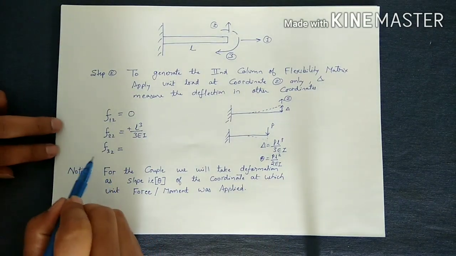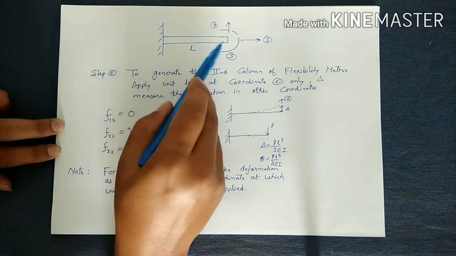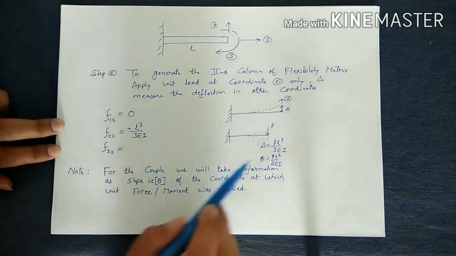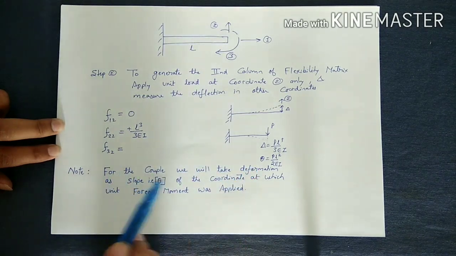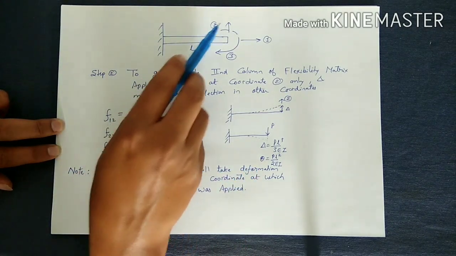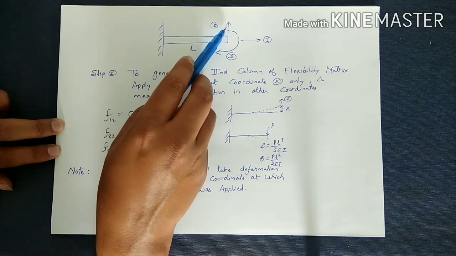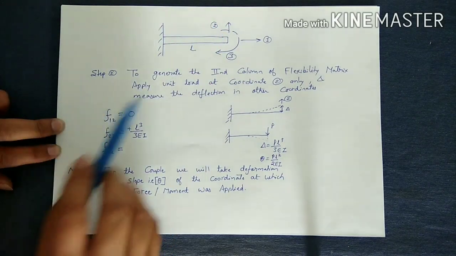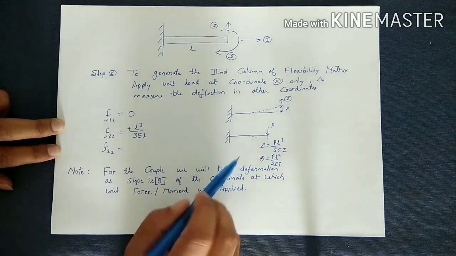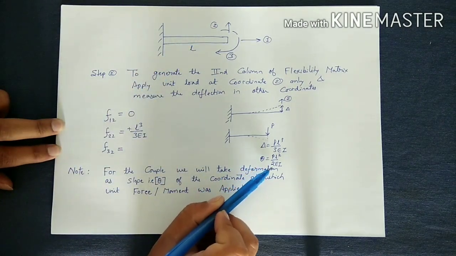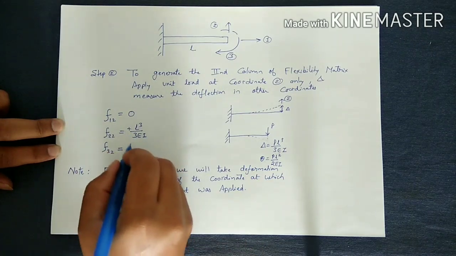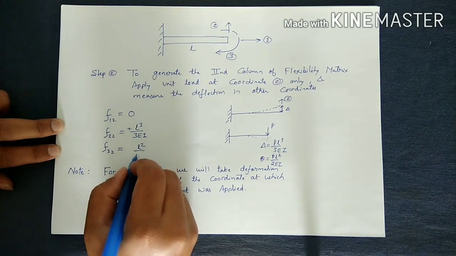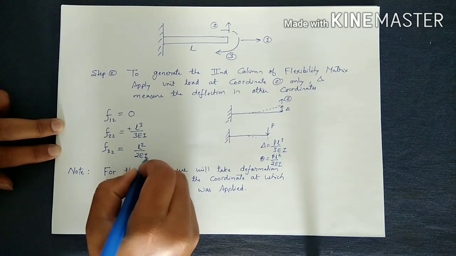Therefore, for flexibility at 3, we have to take theta, that is the slope of coordinate 2 at which we have applied unit force. So theta for this coordinate will be PL square upon 2EI. Therefore, it will be equal to L square upon 2EI.